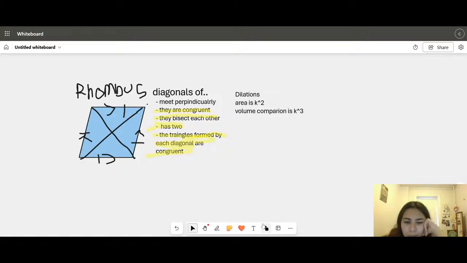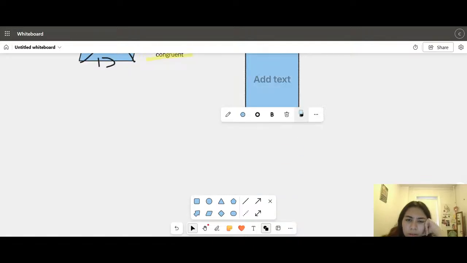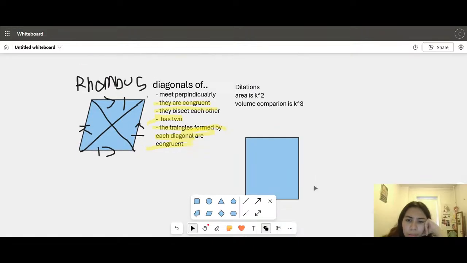Let's start here. A rectangle. We have a rectangle with dimensions of 4 feet by 7 feet.